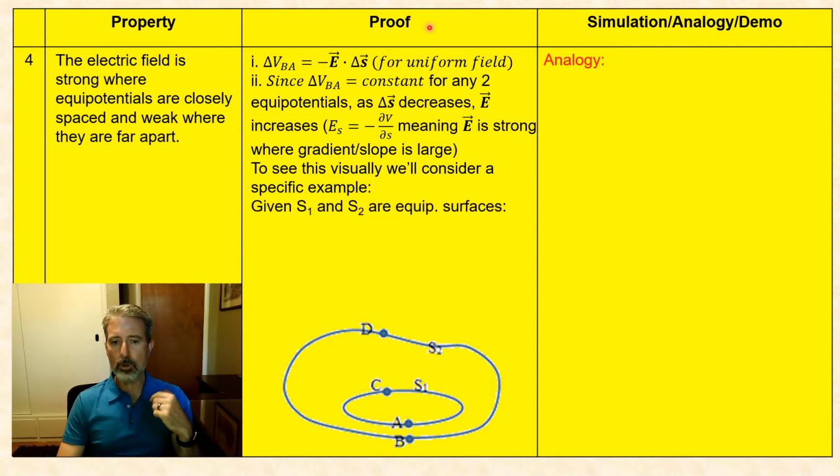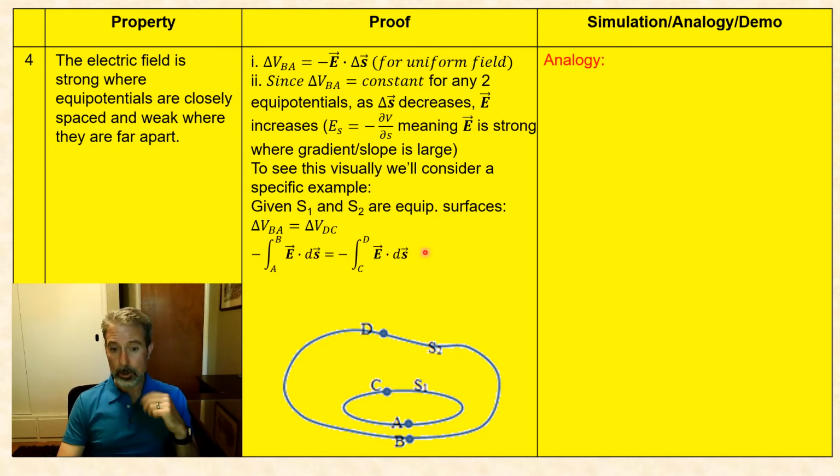Given S1 and S2, if these are equipotential surfaces, and these 4 points A, B, C, and D, what we're saying is for the choice of any 2 points on these equipotentials, the difference in electric potential is going to be constant. It doesn't matter what 2 points you choose. So the difference in electric potential between A and B will be exactly the same as the difference between D and C.